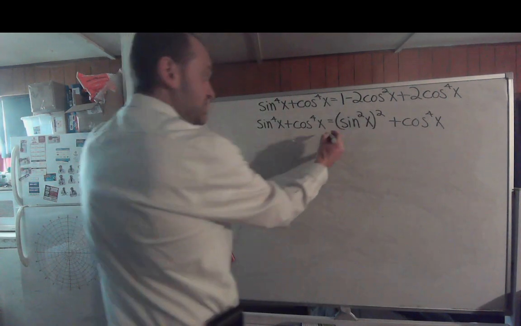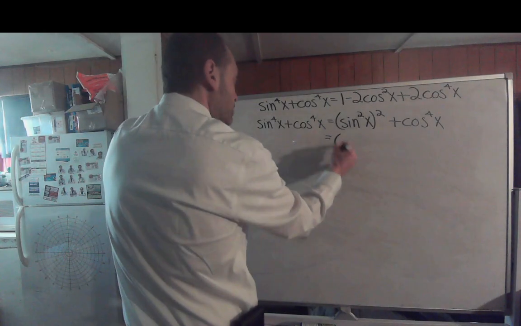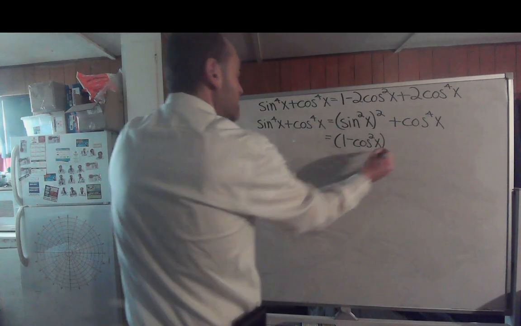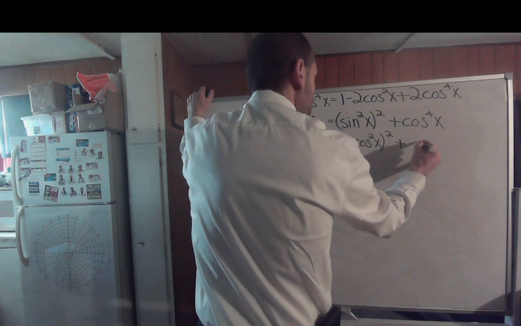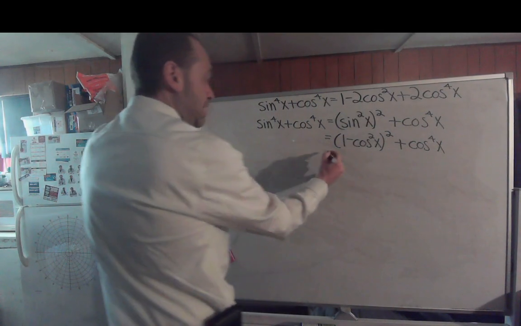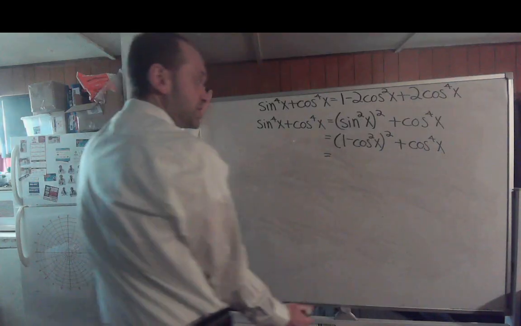Well, now what is sine squared? That's going to be the quantity of 1 minus cosine squared of x, but this time that quantity is squared, plus the cosine 4 of x. Well, now we just raise this binomial to the second power.